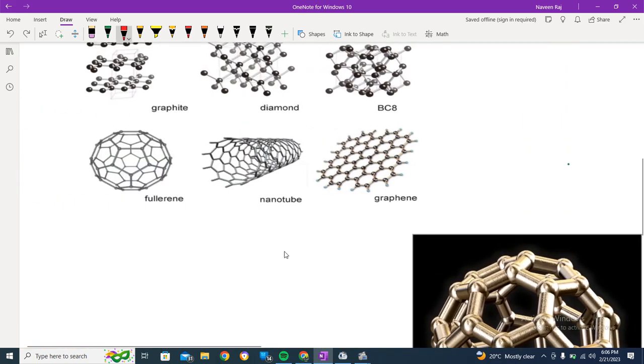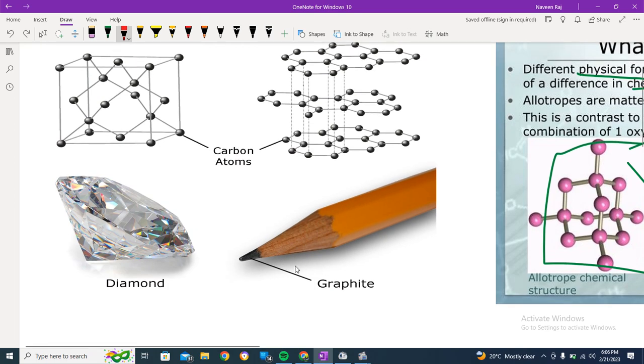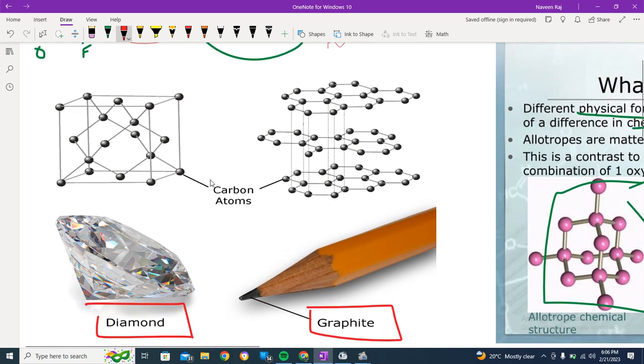Similarly, here you can see a better picture comparing diamond and graphite. Graphite is the same element that is present in the pencils we use. In diamond you can see the carbon atoms; both have carbon atoms, and there is just a difference in the arrangement. There are different layers: first layer, second layer, third layer.